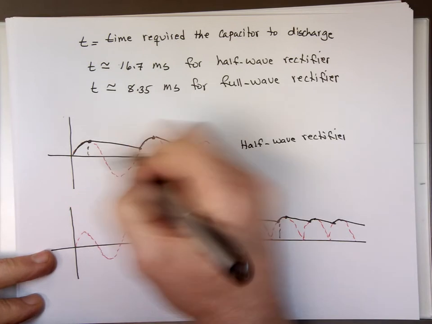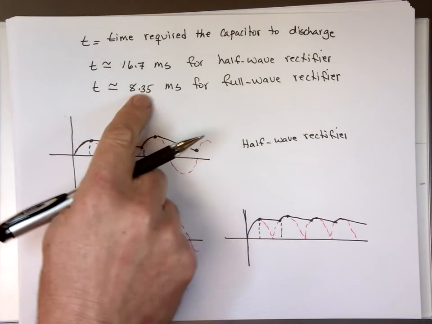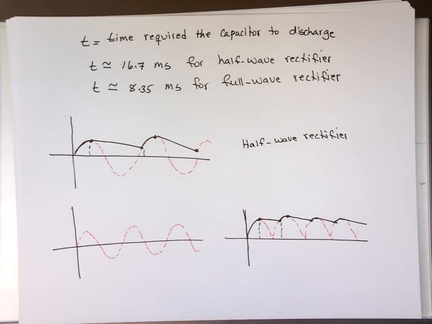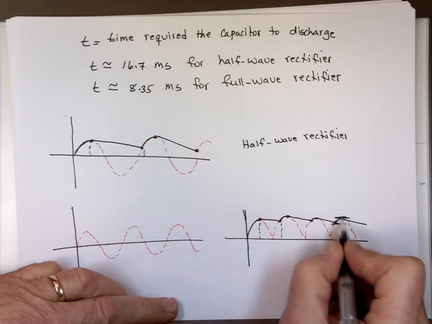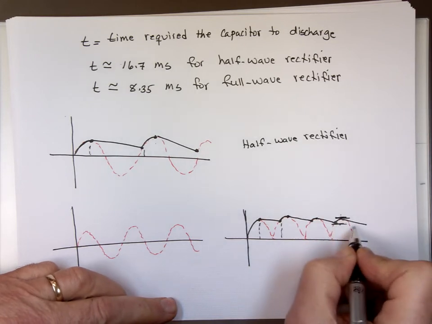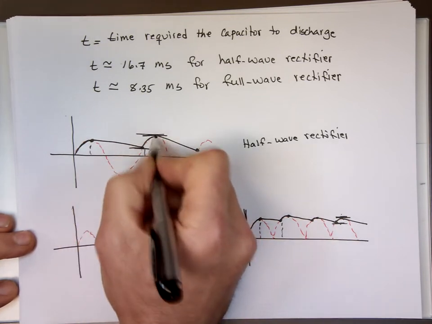It's almost half the time it takes to go from here to there. That's why that number is half of that. The other thing you will notice quickly is that the peak to peak value is much smaller in a full wave rectifier than in a half wave rectifier. That's the gap right there. From here to there is much bigger than this one.